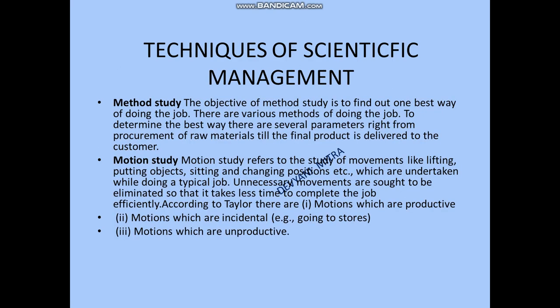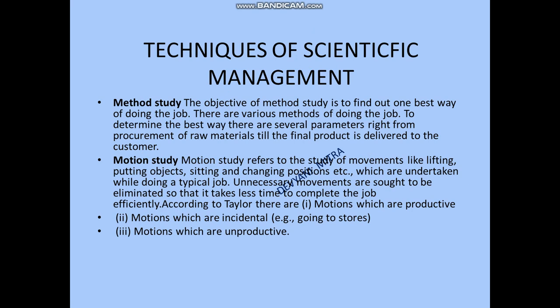Let us start with the next technique given by Taylor, method study. The object of method study is to find out one best way of doing the job. Definitely there are various methods of doing the job, but Taylor insists on one best method or way of performing the job, which keeps production cost minimum and makes maximum use of the resources of the organization.